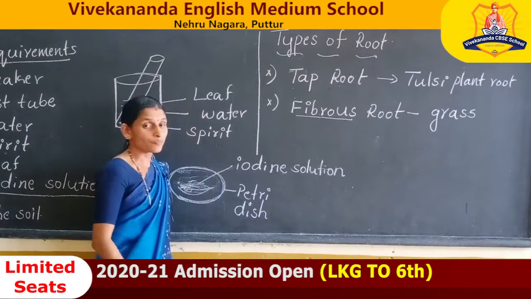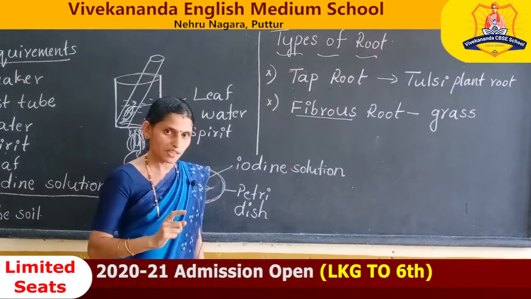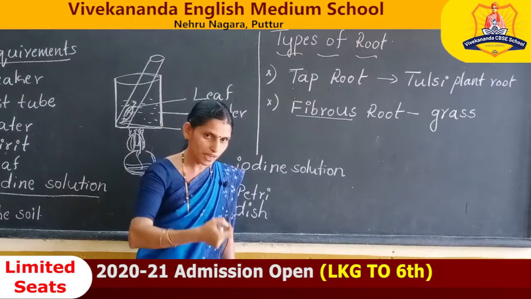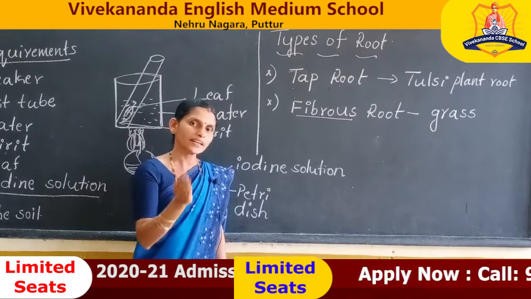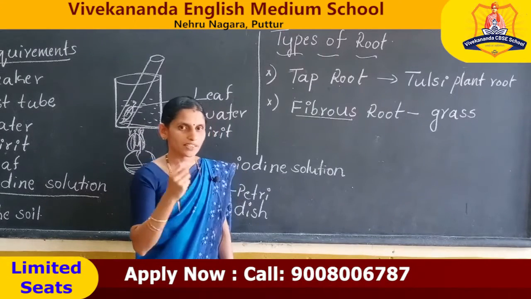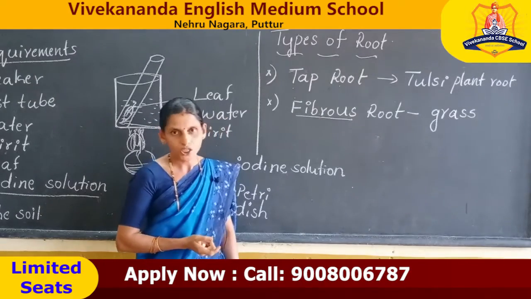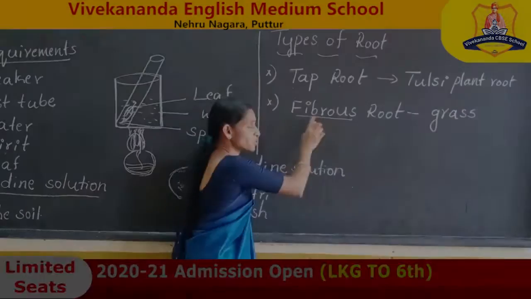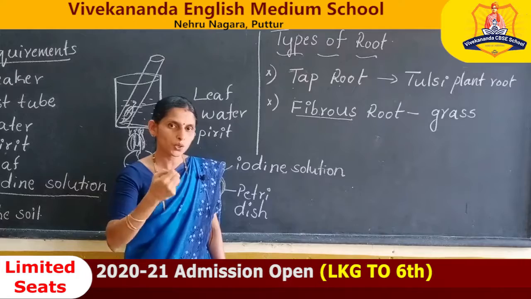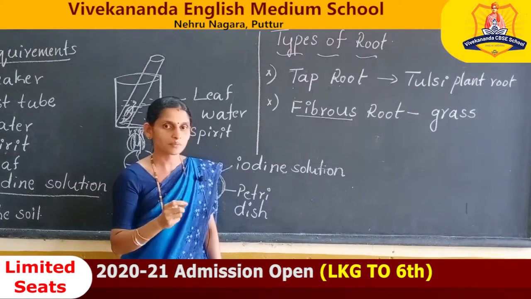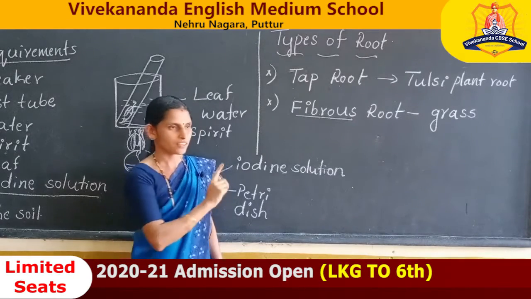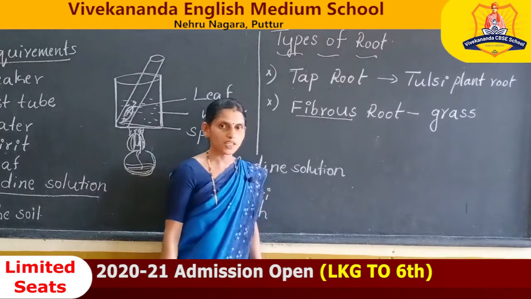Now you understood what is tap root and fibrous root. Tap root has one main root, and it develops branches like secondary roots and also tertiary roots. Whereas in fibrous root, bunches or groups of roots develop from the base of the plant.